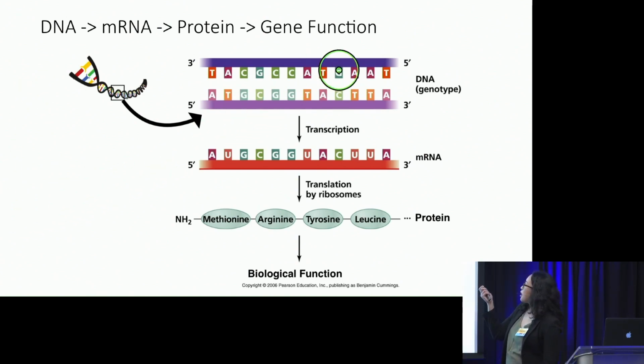So here I'm diagramming a piece of DNA, which is the genotype or the sequence that an individual has. That DNA is transcribed into mRNA. It's a single-stranded RNA molecule. And then that RNA is translated by ribosomes into protein. And then that protein has some biological function.